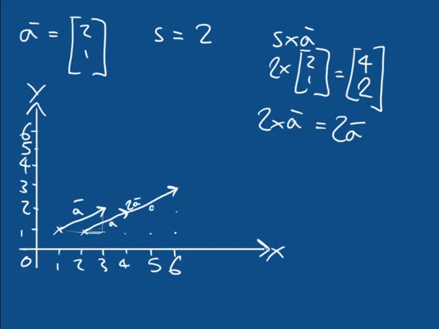If we then count another 2 units in x and 1 unit in y, it takes us to the end. So this is a. So you notice that 2a is equal to taking our vector a and then adding another vector a to it. So we start here, we travel one vector a, and then we travel another vector a afterwards. That's not by coincidence. The two properties we've just seen are, first, the direction doesn't change, and second, the length of the line changes.